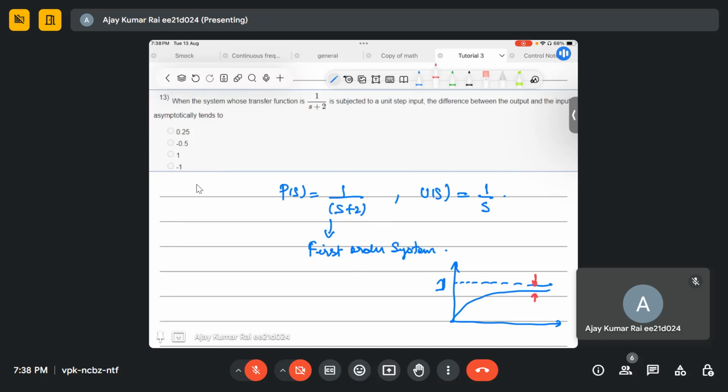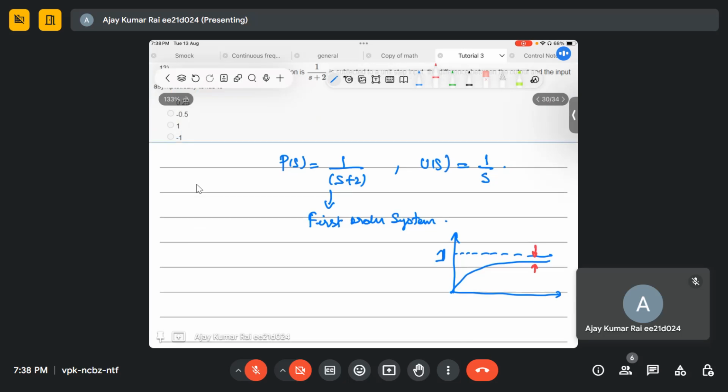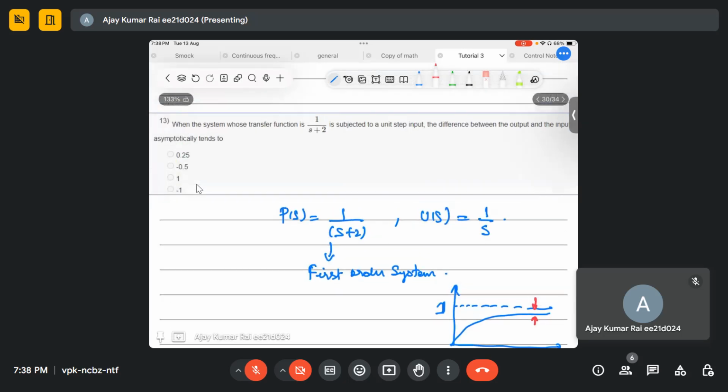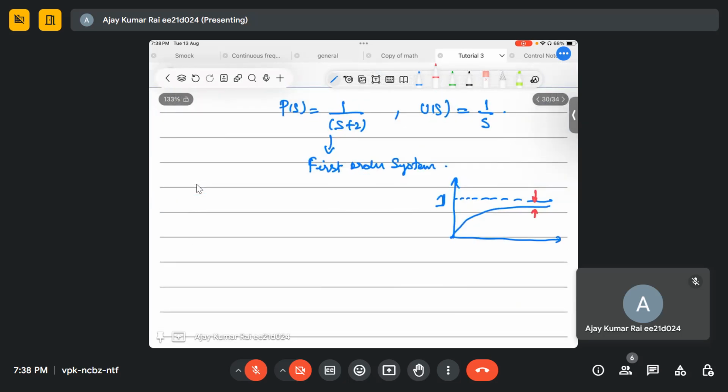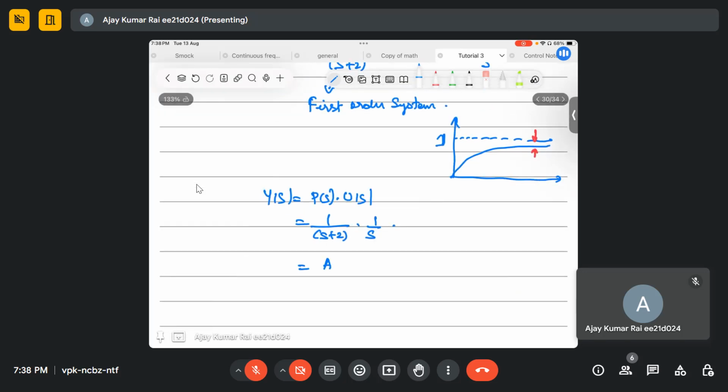So this difference you have to find out as t equal to infinity. Let's find out. y of s is equal to P of s into u of s. P of s is 1 by s plus 2, times 1 by s. So this is like a by s plus b by s plus 2.